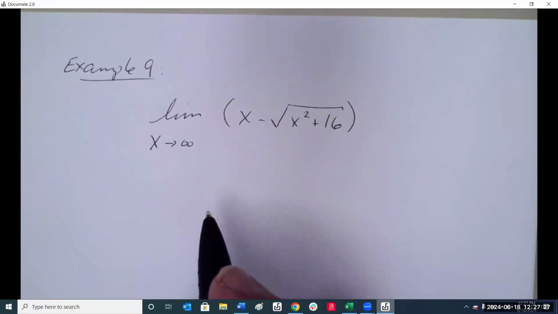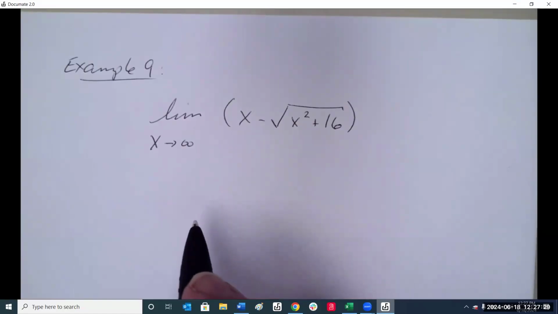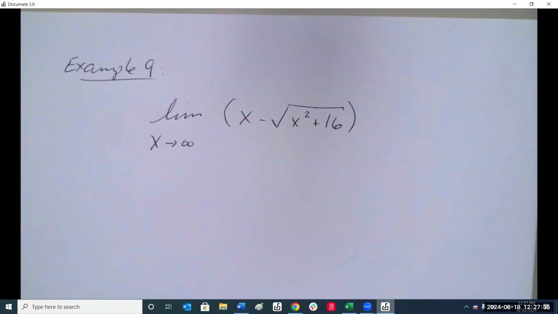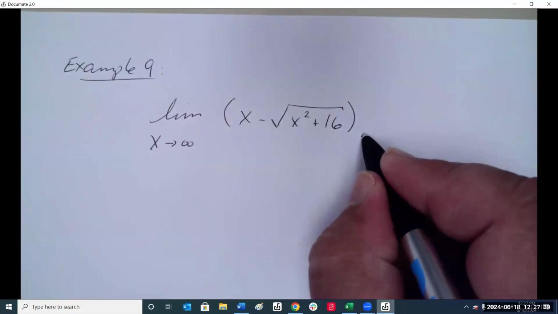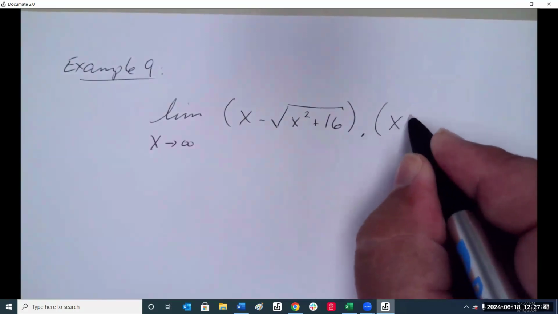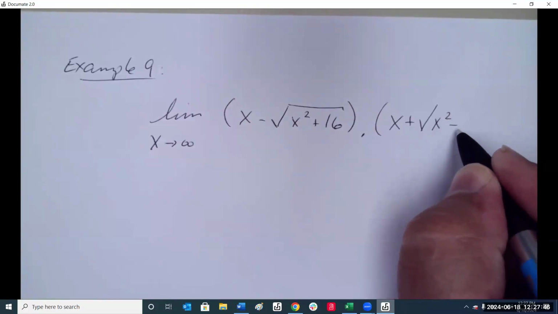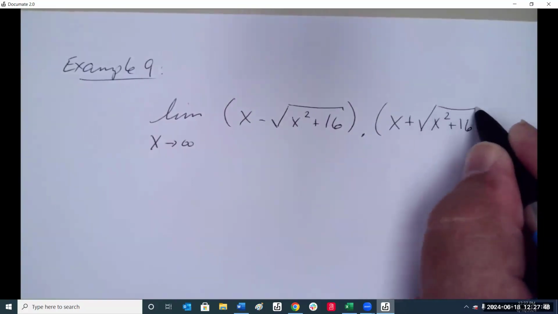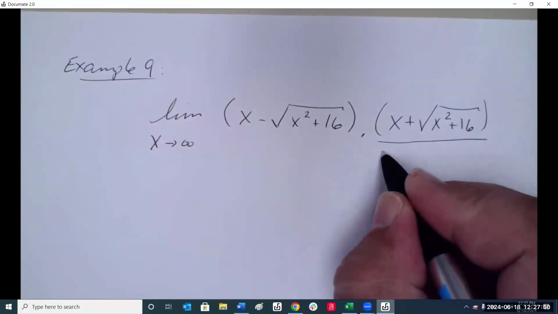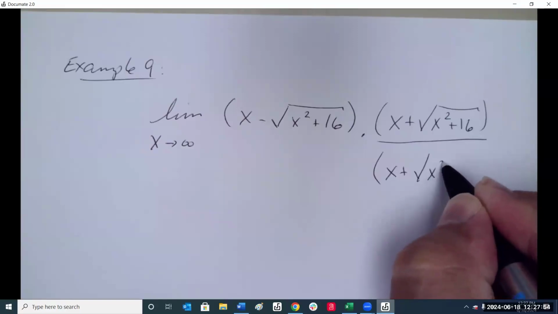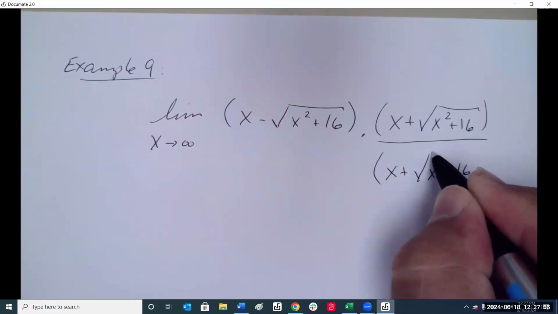But can we do anything with it? What if we multiply by the conjugate? What is the conjugate in this case? x plus the square root of x squared plus 16, divided by x plus the square root of x squared plus 16.